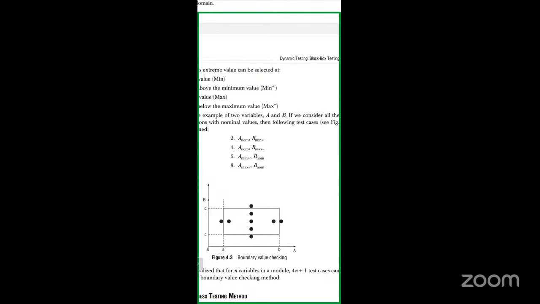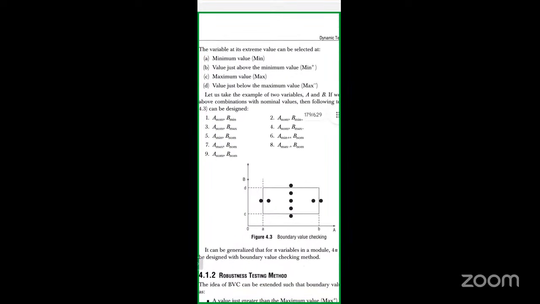Okay, so here the picture gives us the boundary value checking. We have values a and b on the x-axis, and values c and d on the y-axis. So we have completely 9 points, that is 9 boundaries, which are given as dots. In those dots, we have one maximum value, that is the d value is maximum, and one value below it, and the c value as minimum, and one value above it.